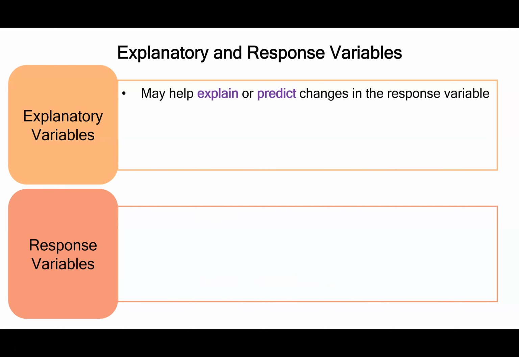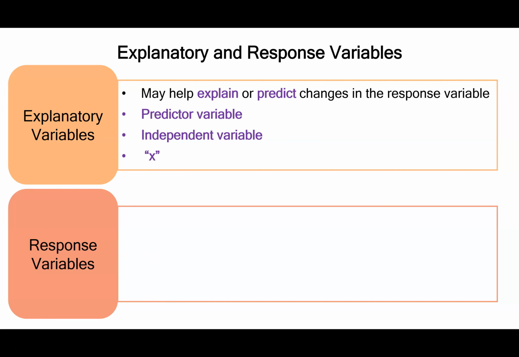So the explanatory variable might help or predict the response variable. Knowing what's going on in the explanatory variable might give us information about what's going on with the other. It's our predictor variable. It's the one we're using to make predictions. It's the independent variable, implying that it doesn't depend on the other variable necessarily.